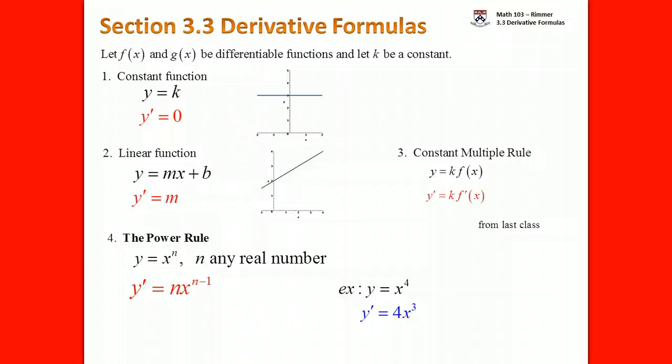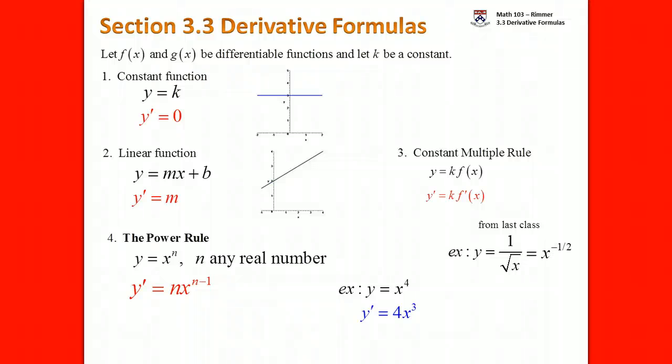It isn't last class anymore, it was this class: 1 over root x. That is something that you can represent as x to the n. What's the value of n? What is 1 over root x represented as when you write it as x to the n? Negative 1/2. Very good. So use the power rule on it.